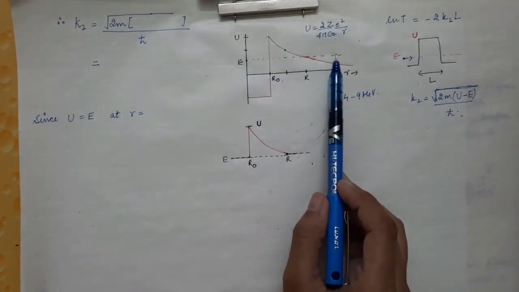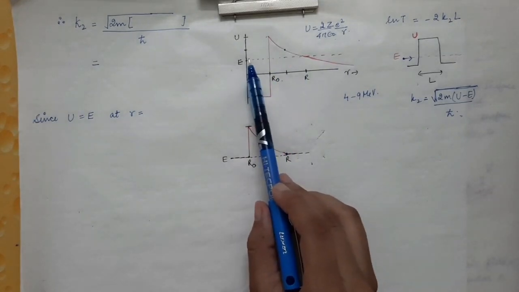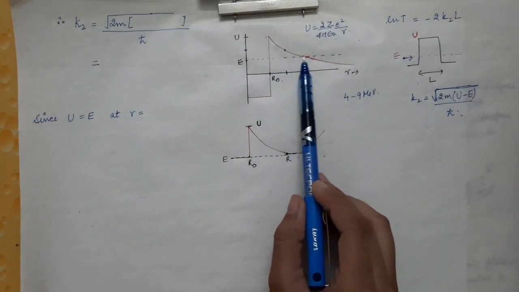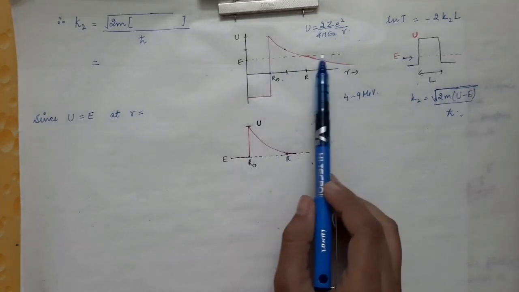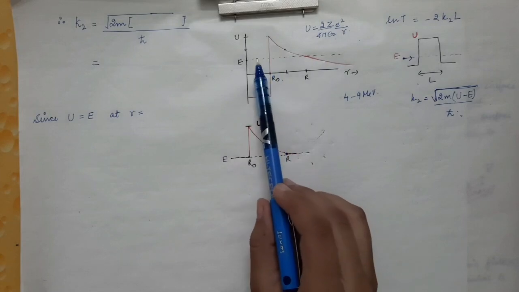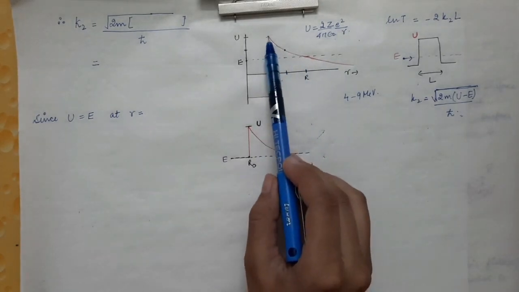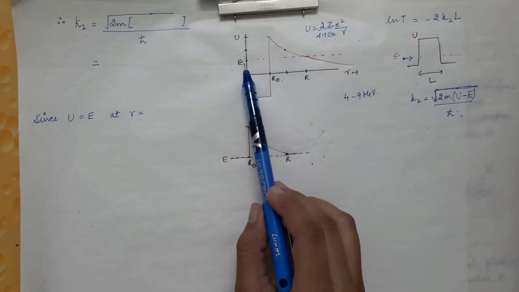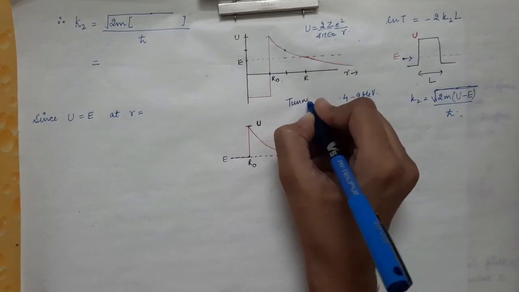The probability of transmission is very small, but the particle will manage to get through. This whole process of getting transmitted through a potential barrier whose height is greater than the energy of the particle is called tunneling.